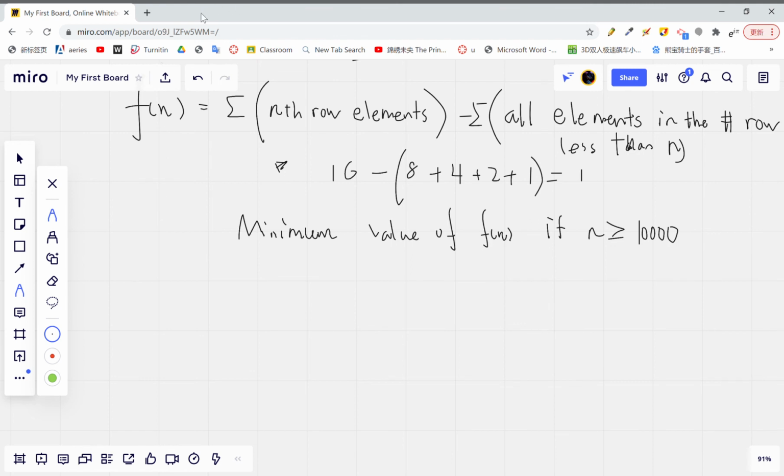So we want to memorize this formula that 2 to the nth power minus 1 is equal to 2 to the n minus 1 plus 2 to the n minus 2 plus and so on, plus 2 to the 1 plus 2 to the 0, which is 1.